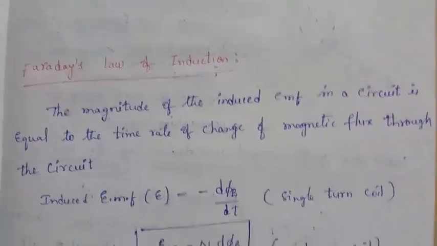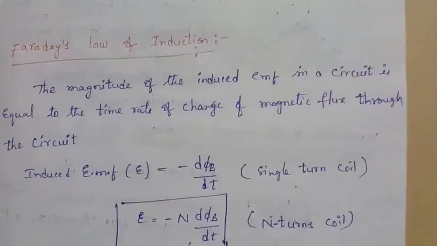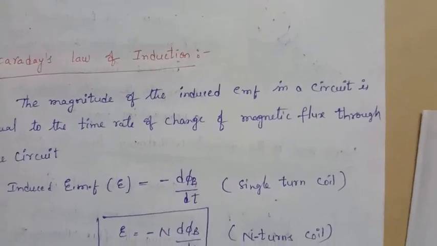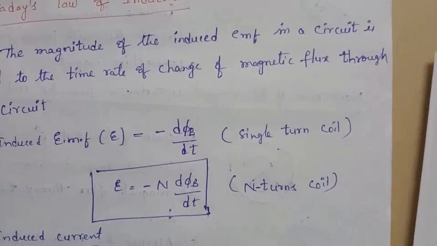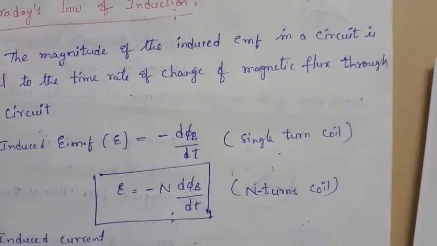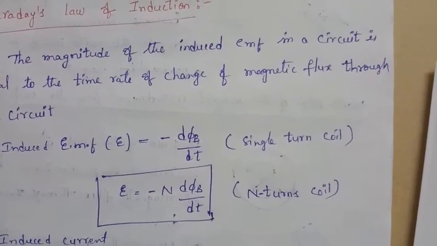Faraday's law of induction. What experiments were done by Faraday and Henry? In the first experiment, there is a coil C1 and a bar magnet. The bar magnet is pushed towards or away from the coil.